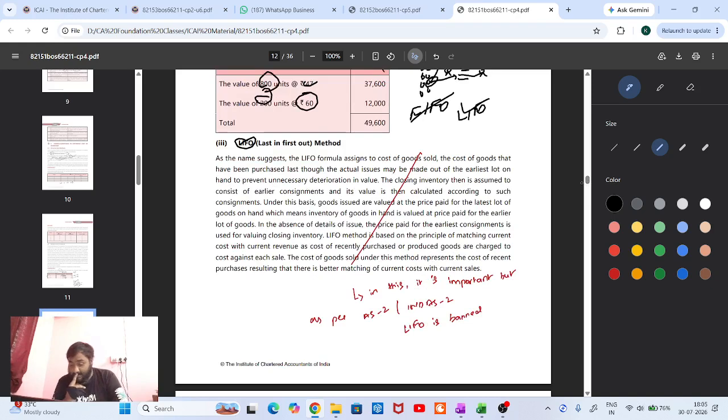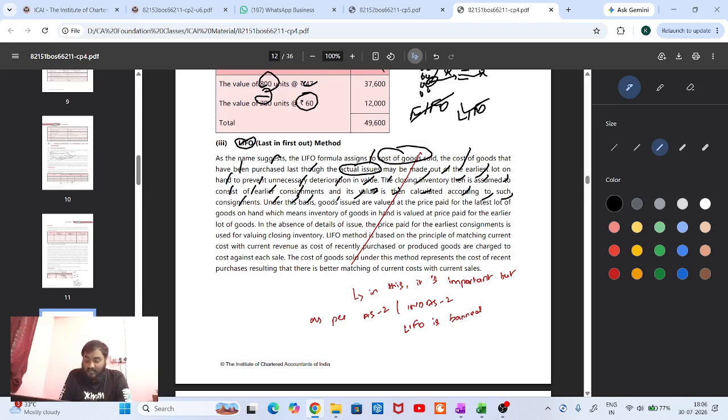Let's just read the para to see if they give us the reason. FIFO method is not used practically. FIFO method assigns the cost of goods purchased last, though actual issues may be made out of the earliest lot on hand to prevent unnecessary deterioration in value. The closing inventory is then assumed to consist of earlier consignments, and its value is calculated according to such consignments.